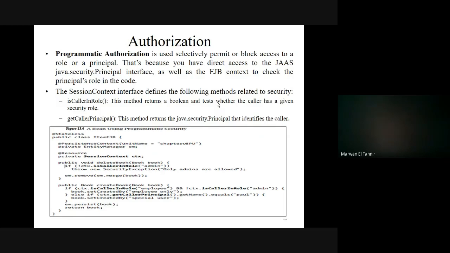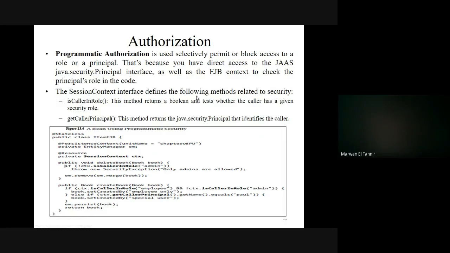Programmatic authorization, quickly. If I want to write in my session bean something to allow some users to access, or to save information about who is accessing what, we may use programmatic authorization. For programmatic authorization, in the session context, we have 2 methods.